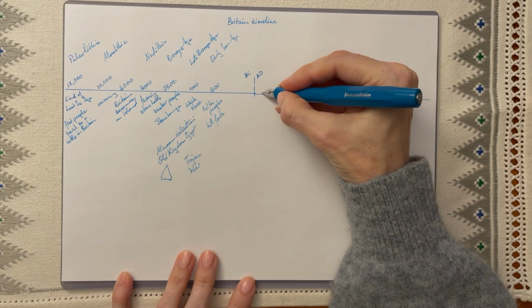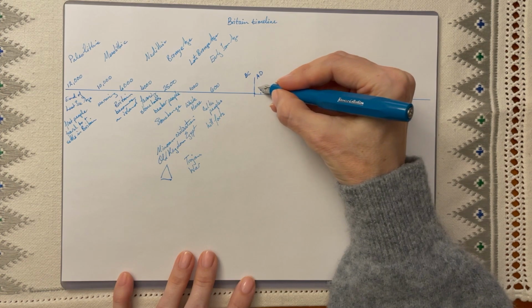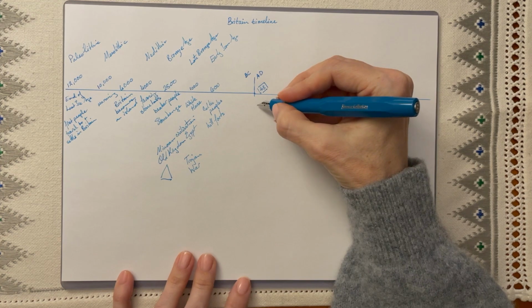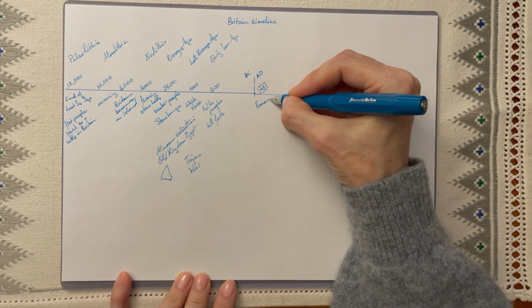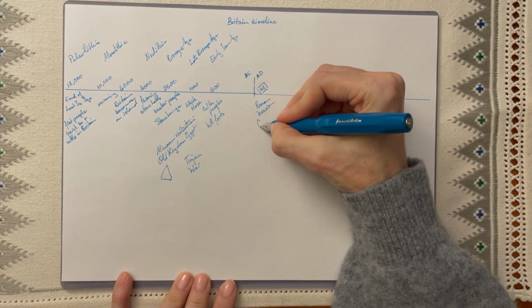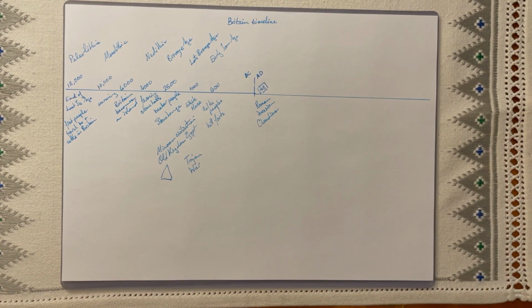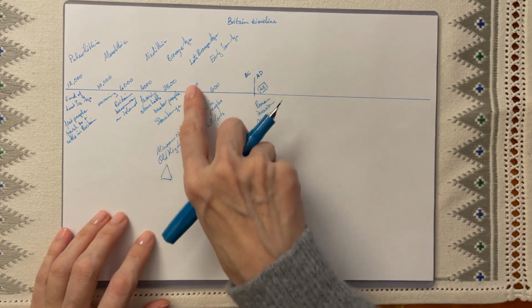600 BC and 43 AD. Very important date, if you remember, which is the Roman invasion under Claudius as emperor. So what happens in these years?